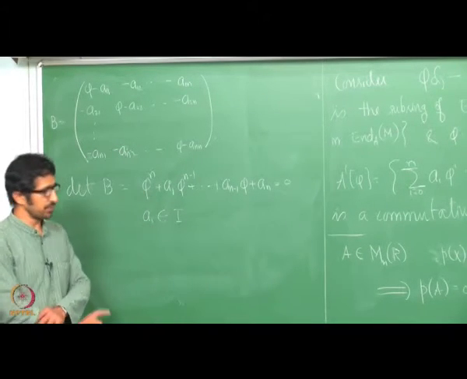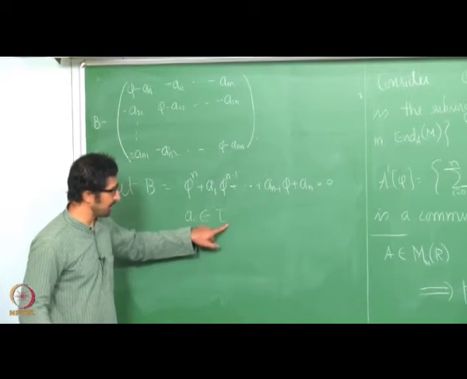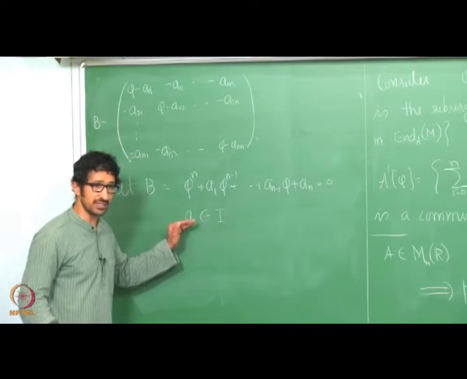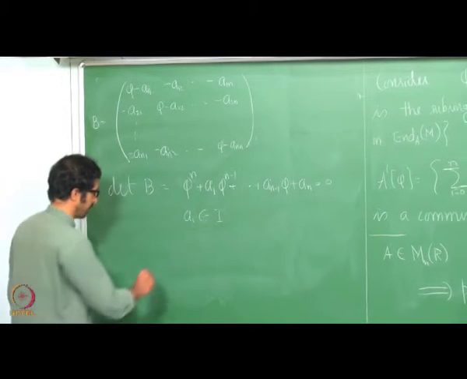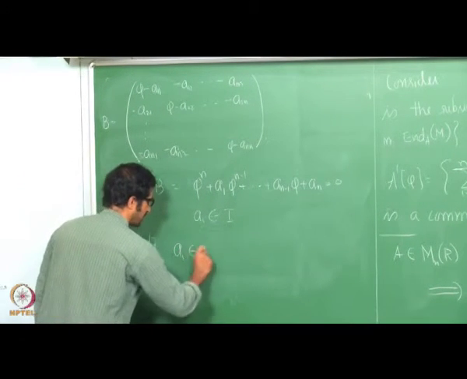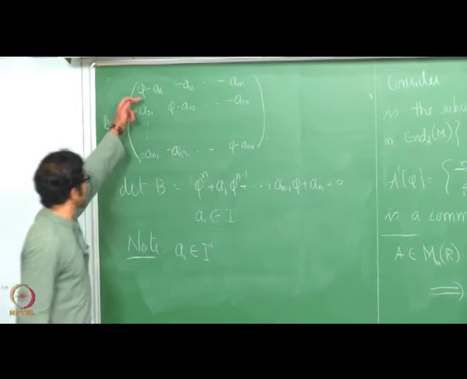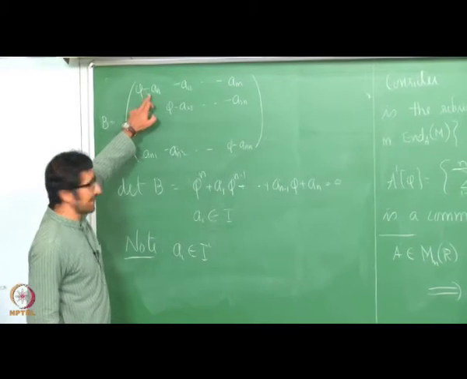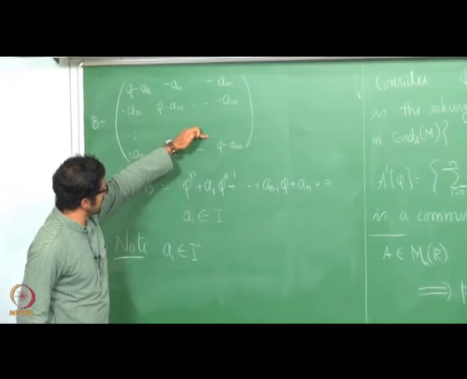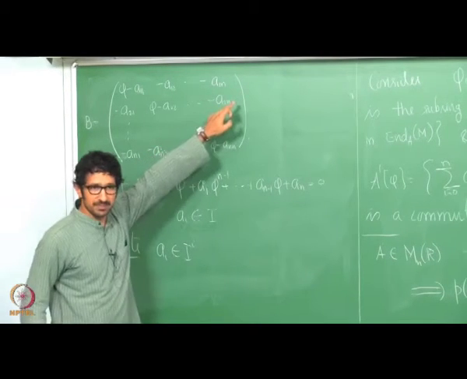In the statement of the proposition, we have mentioned a_i belongs to I, but one can see that it is a little more. One can see that a_i belongs, in fact, to I^i. See, if you look at the coefficient of φ power n minus 1, it will be some n minus 1 product times one a_ij coming from here.